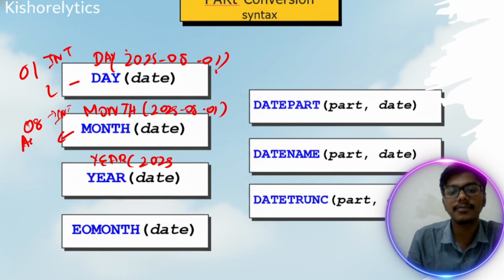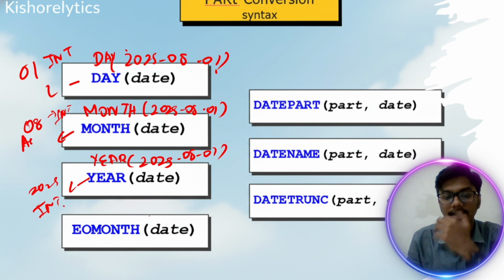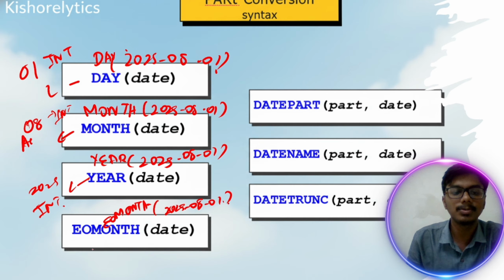If you give the date 2025-08-01 to the year function, the output is 2025, an integer. If we give the particular date to the EOMONTH, that is EOMONTH of 2025-08-01, we get 31st August 2025, which is a date.